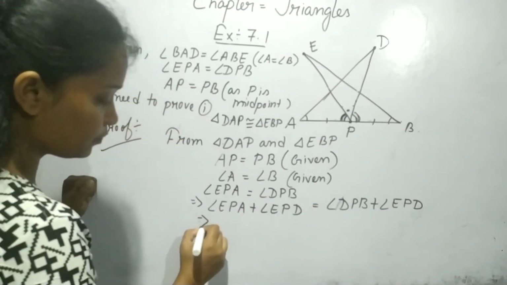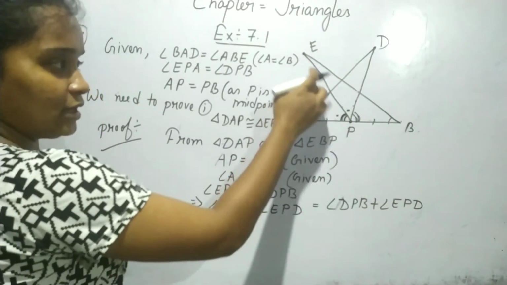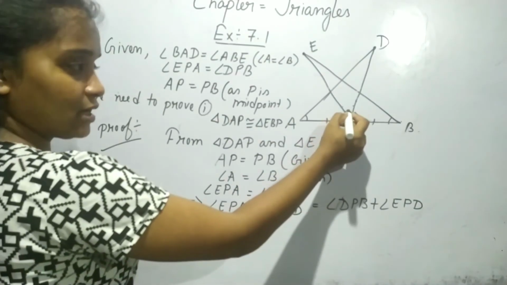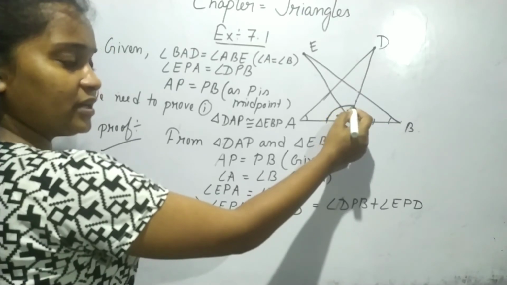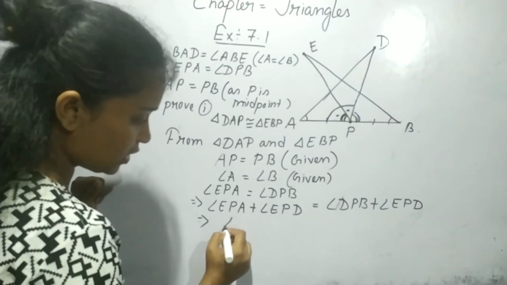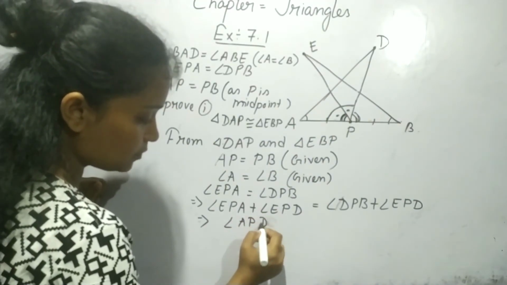Now EPA, look here. EPA is this angle, and EPD is this angle. So when I join these two angles, this complete angle will come. So this angle's name will be APD. So I can write APD.